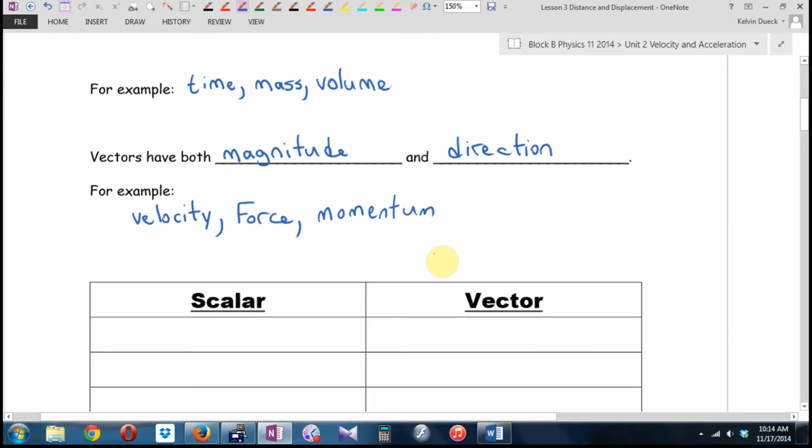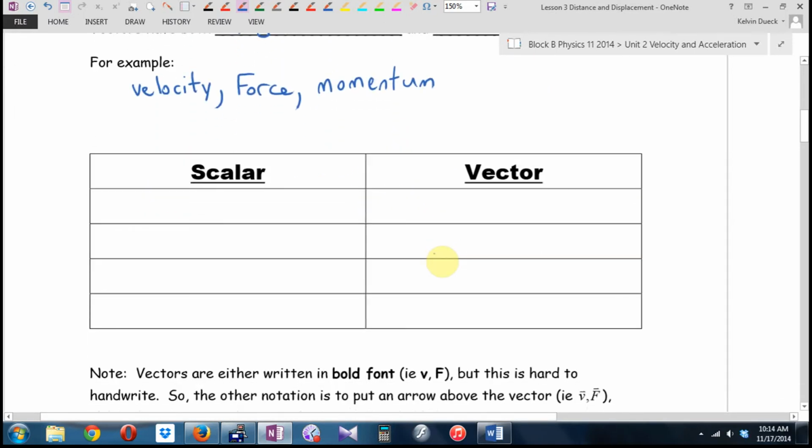So I have a chart. There are some quantities that can be both depending on how we refer to them. As an example, speed is a scalar. What's the speed limit on the Lougheed as you're heading out to the Pitt Bridge? 80 what units, please? 80 kilometers per hour.